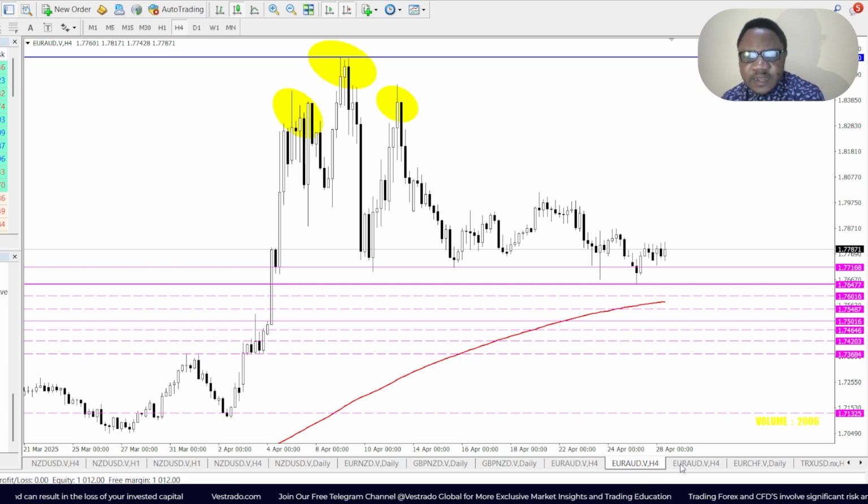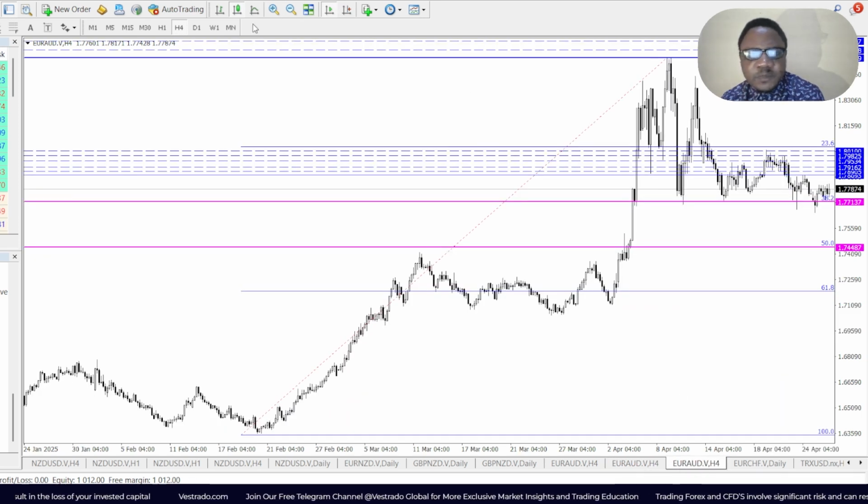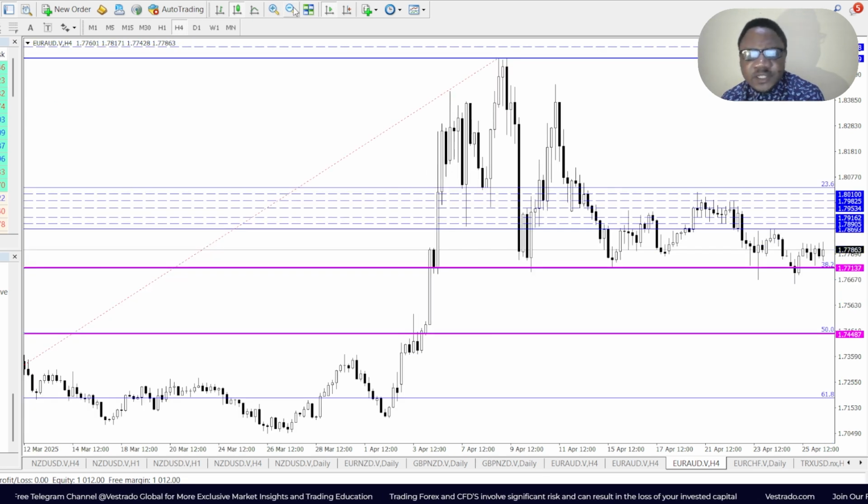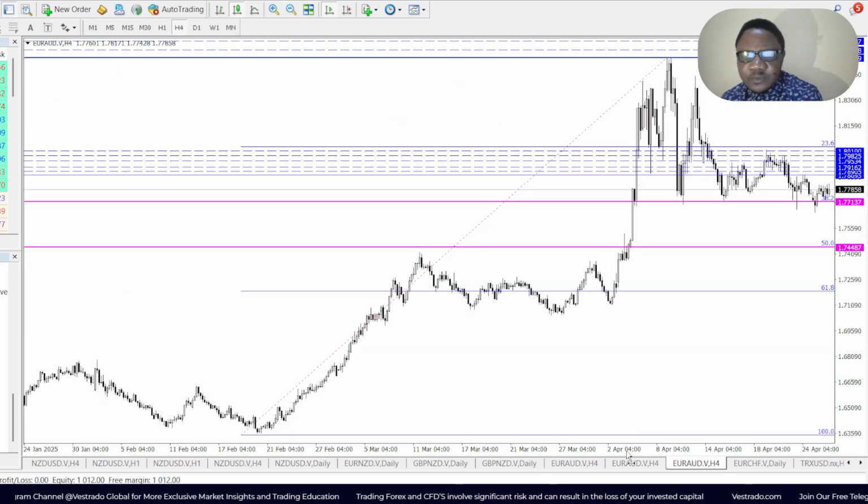Okay. On the flip side, if it goes above 1.7869, we could see it touch 1.7953, and above that 1.8010 or 1.8000 psychological level. Okay, pay attention to that. In general terms, I favor bearish positions on this one because it seems to be trying to recover this fair value gap.